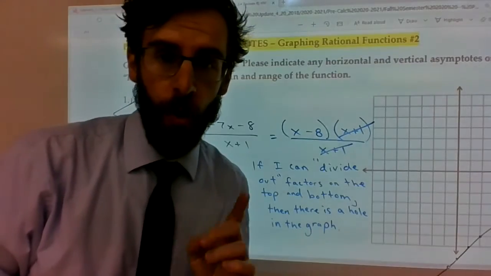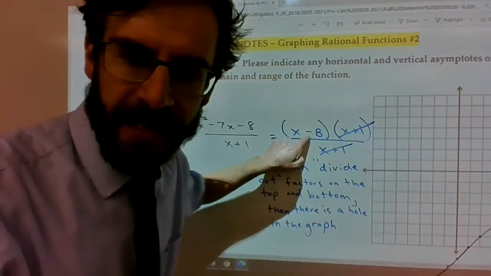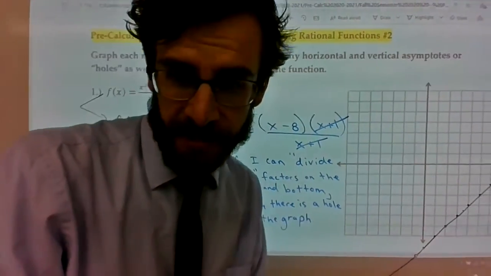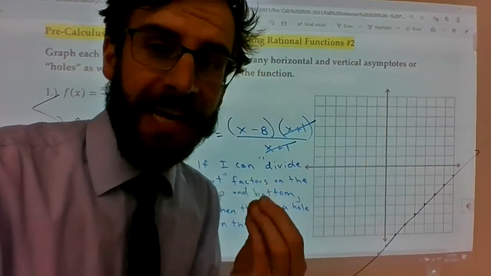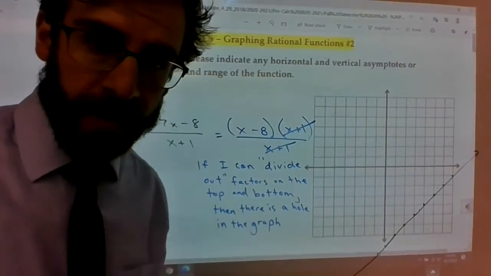Not only is there a hole in the graph, but the remaining part of the function, x minus 8, is exactly how the function manifests itself. It's exactly what the function becomes when you plot random points.